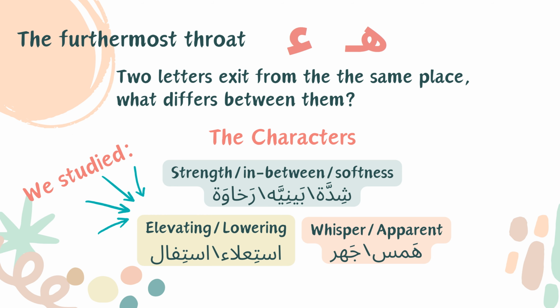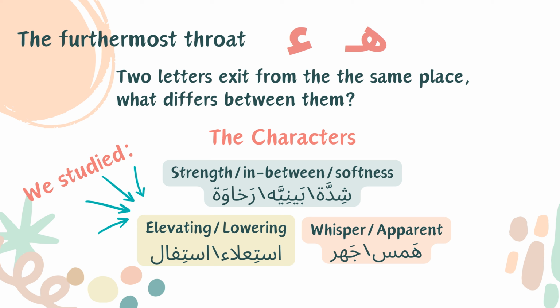Now, the characters, and we already studied three characters and its opposites. We studied shidda, rakhawa, and bayniyya. We studied elevating or lowering, istila and istifal, and we studied whisper and apparent.